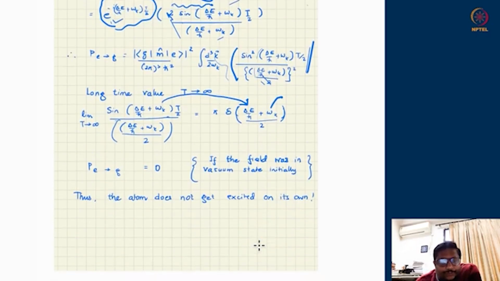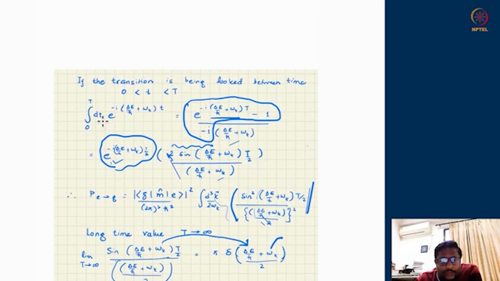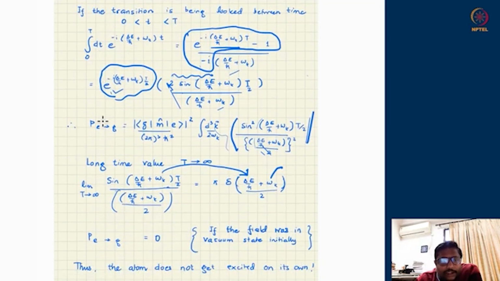That means the ground state, sorry, this is oppositely written, it should be G2E. So the ground state to excited state transition probability, somehow I have written it the opposite way. There was a typo over here, which I would correct in the notes.